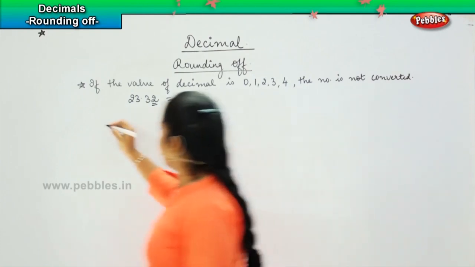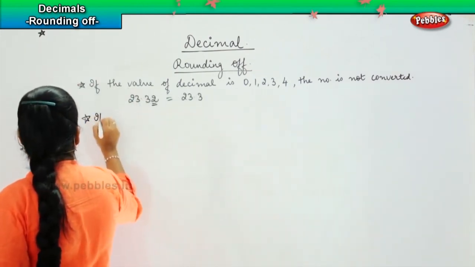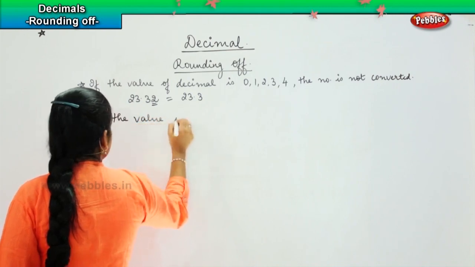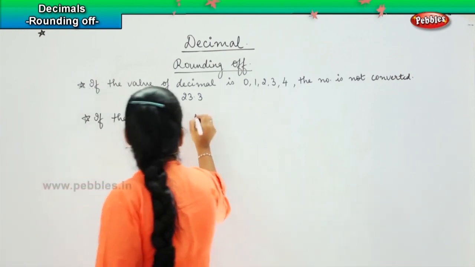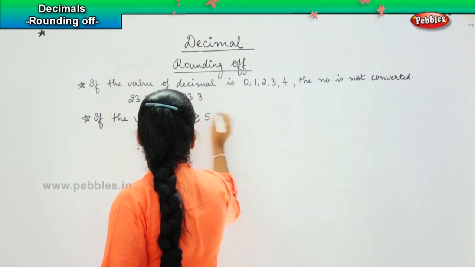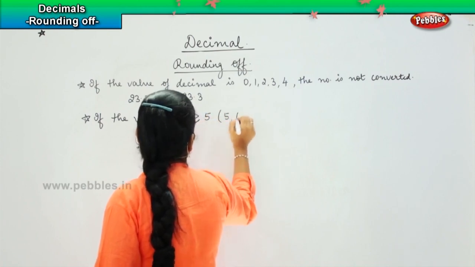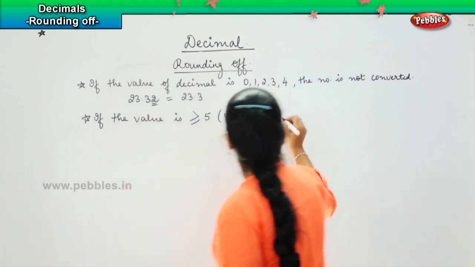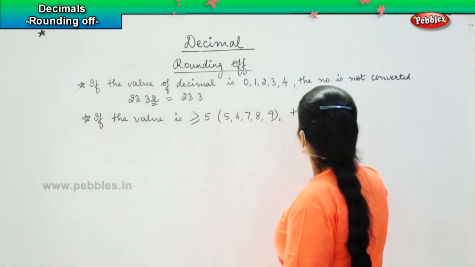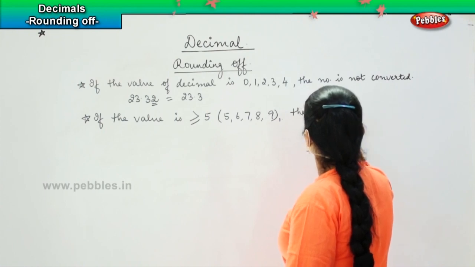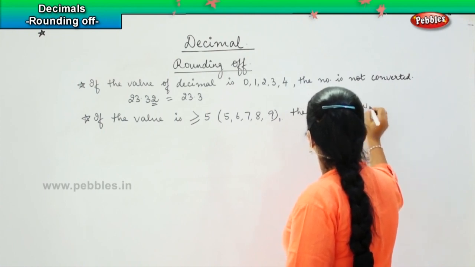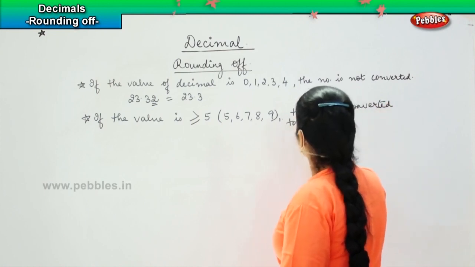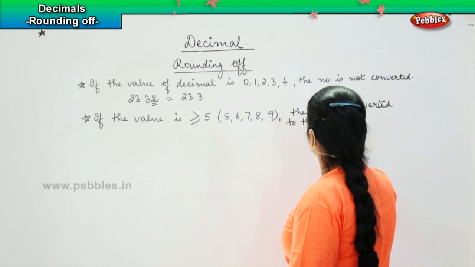Now the next one: if the value is greater than or equal to 5, which is 5, 6, 7, 8, 9, the number is converted to the next value.